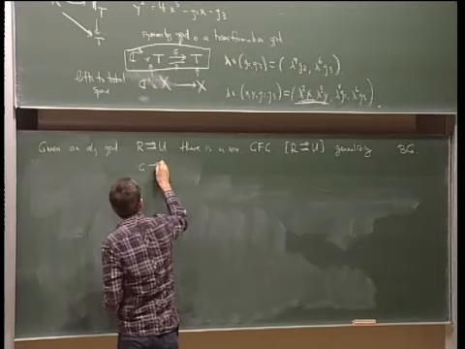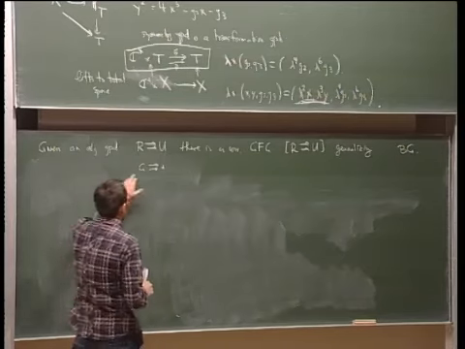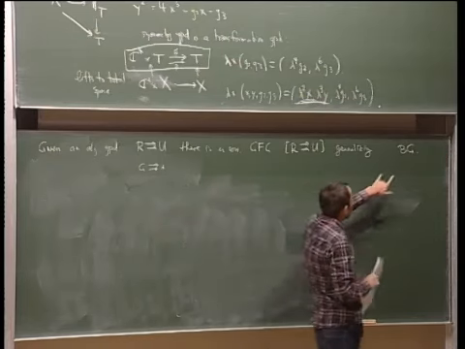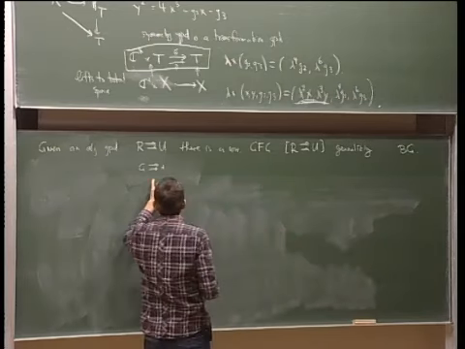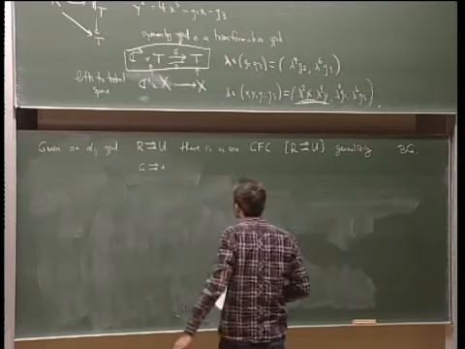So in the case where my groupoid is actually just a group over the point, this is an example of a groupoid, then this BG, the stack of G bundles, so the CFG of G bundles, is an example of this general construction.